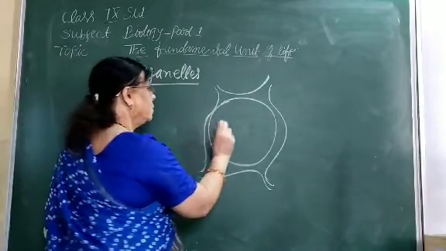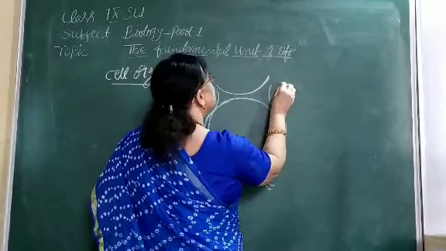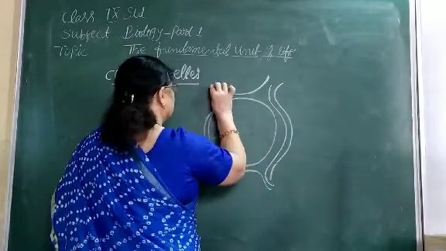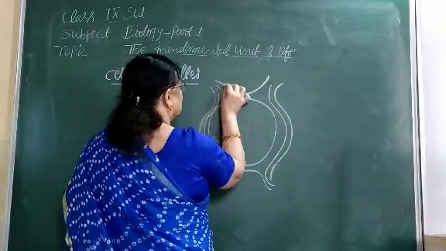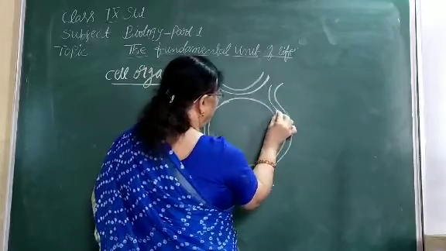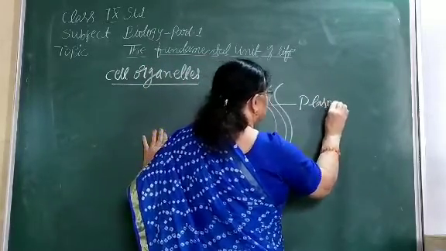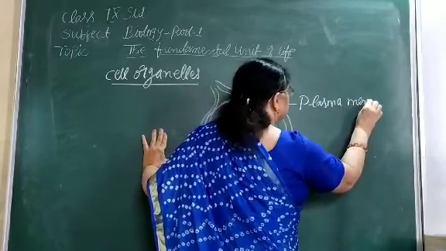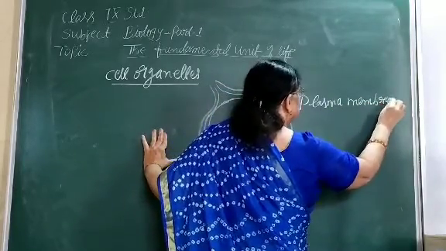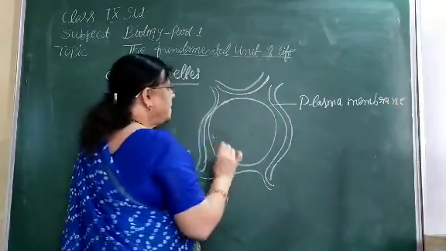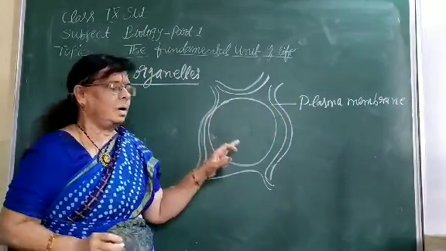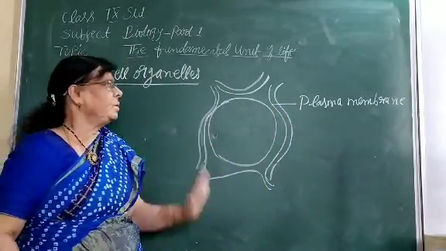Now, the outermost layer of the cell is called plasma membrane. Plasma membrane is also called cell membrane.